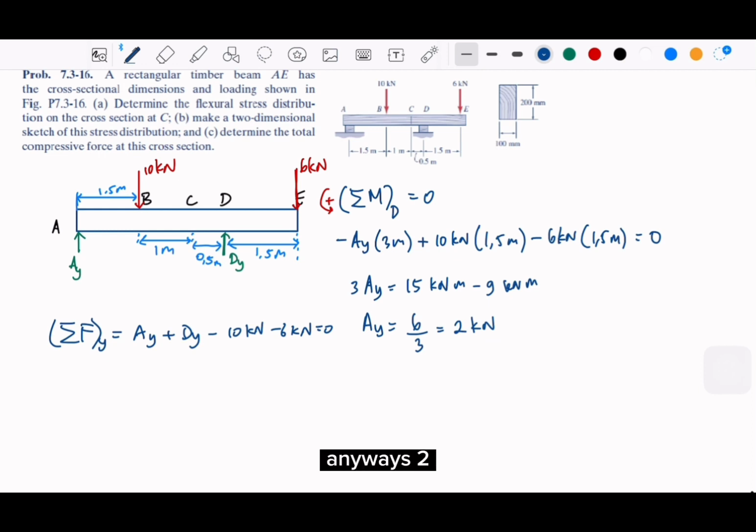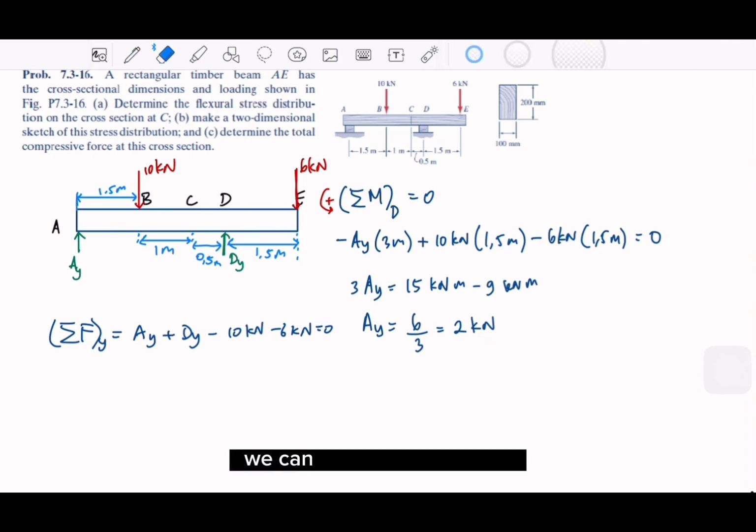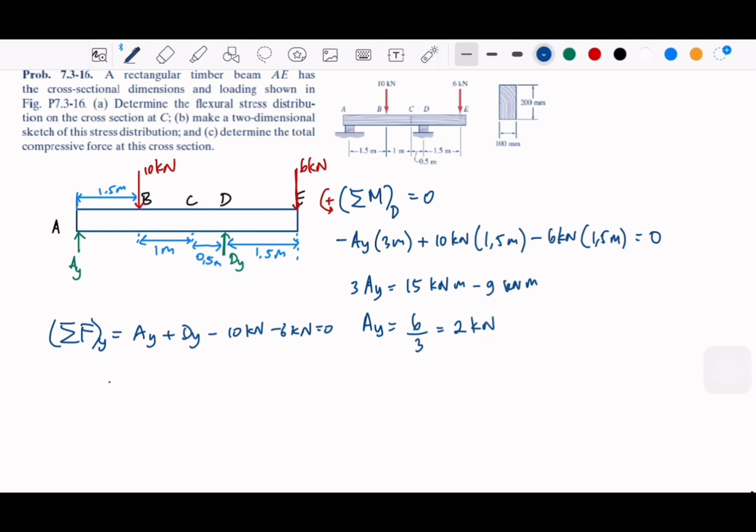AY is 2, so we can simply write DY equals 16 minus 2, which is 14 kilonewton.